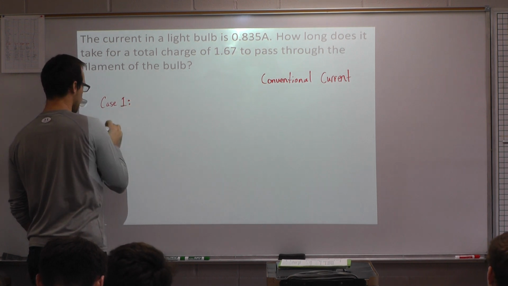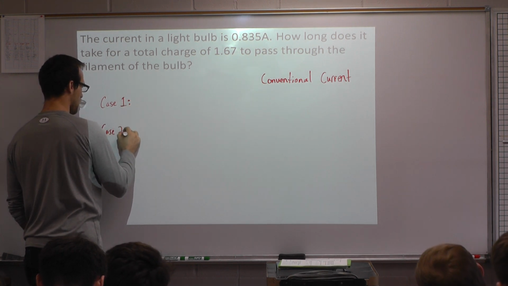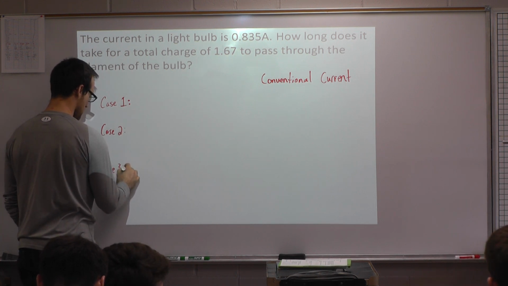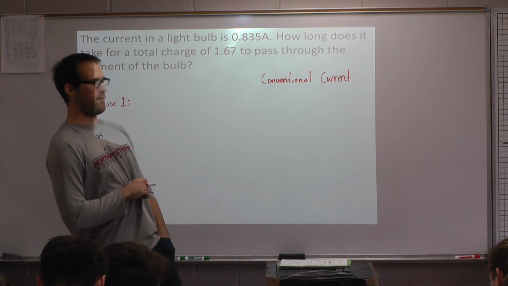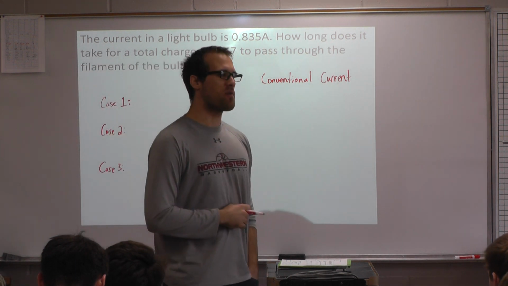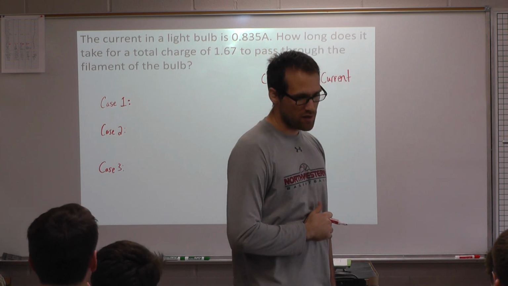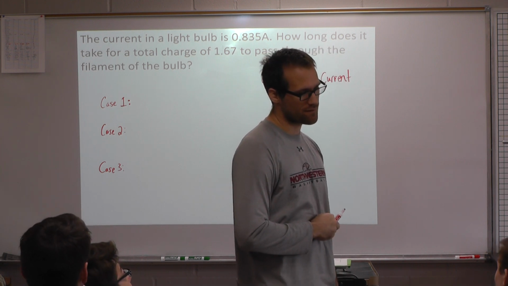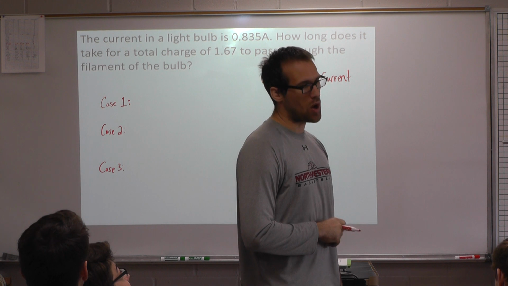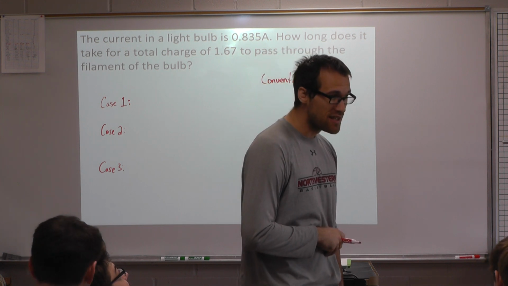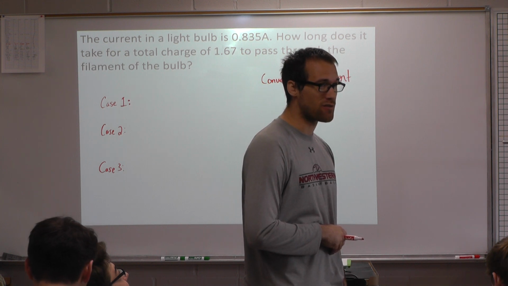Three cases. One is a conductor, one's blood, one is water. Can you tell me which one's conventional? I think we've got a misconception that positive particles cannot move. That's what he told us: positive protons cannot move out of the nucleus. That doesn't mean that all positive particles can't move.